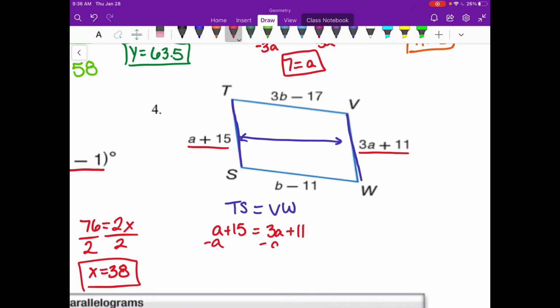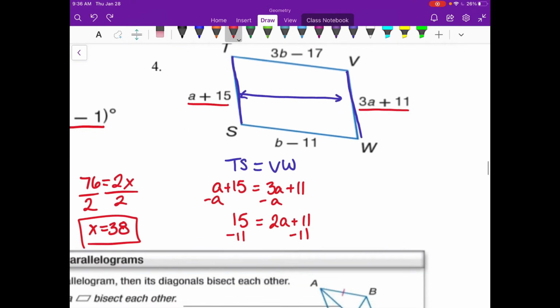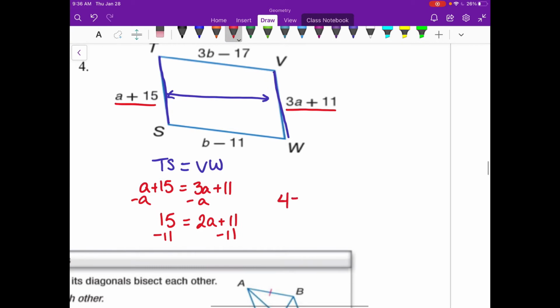Subtract a from both sides. I get 15 equals 2a plus 11. Subtract 11. So 2a equals, oh wait, hold on. I'm running out of room. 15 minus 11 is 4, equals 2a. Divide by 2. So a is equal to 2.